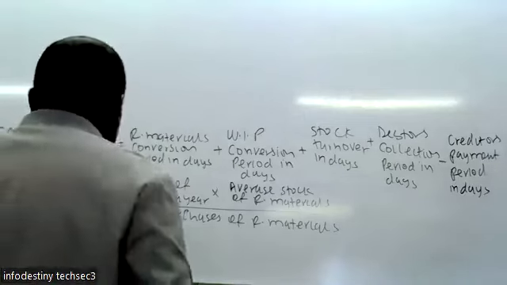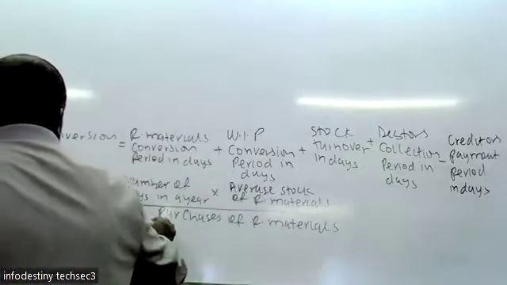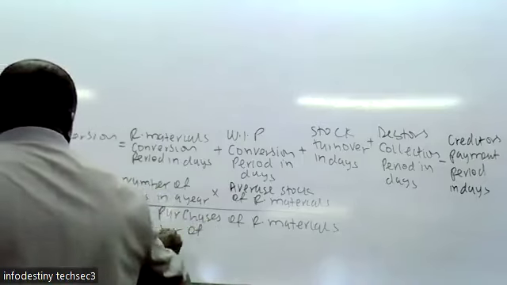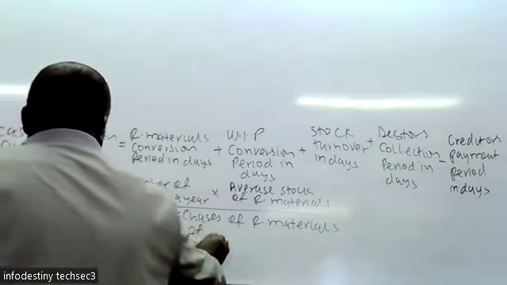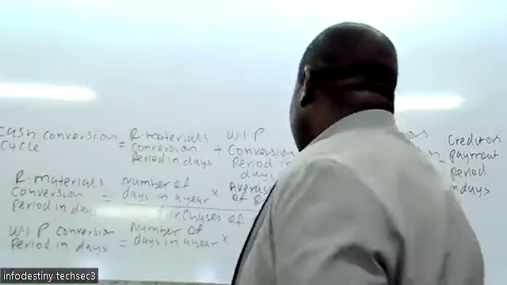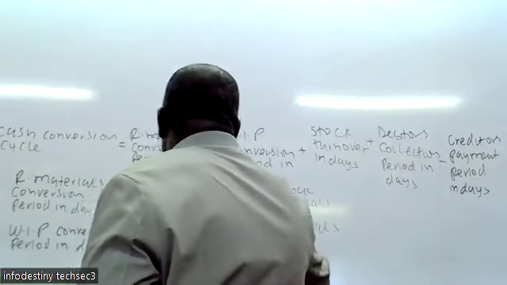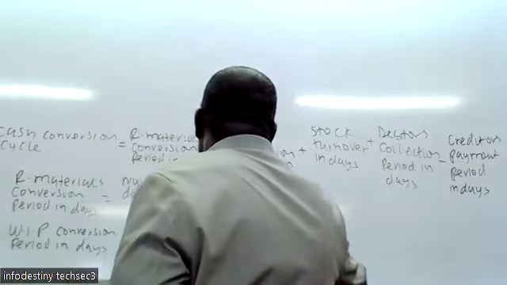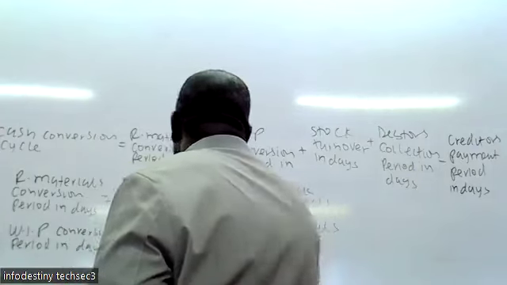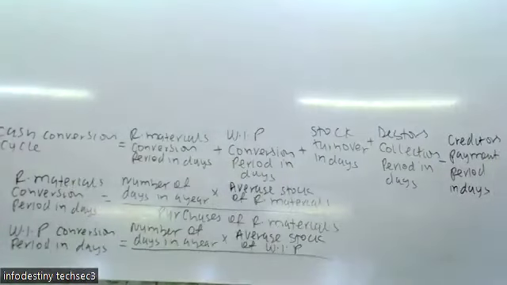It will also be given by number of days in a year multiplied by average stock of the work in progress.